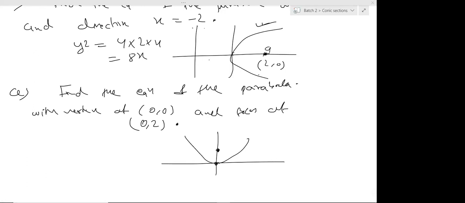Okay, so this is 0, 2 and vertex at 0, 0. So the parabola will look like this, and this is the equation type 3, for ay. The value of a is 2, so x square equals 8y.